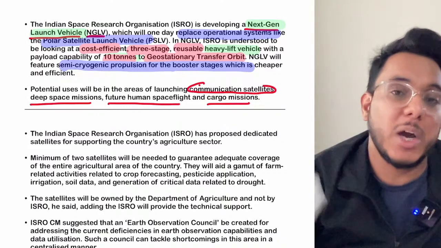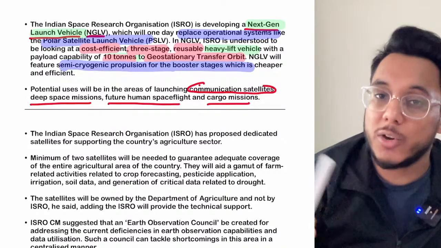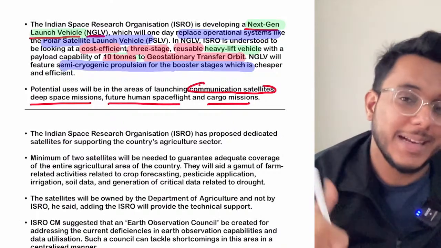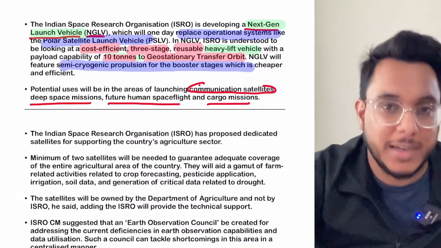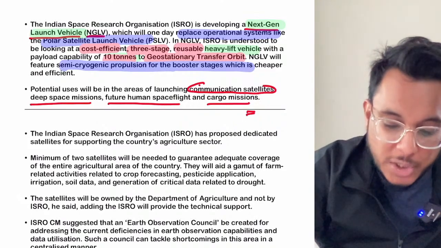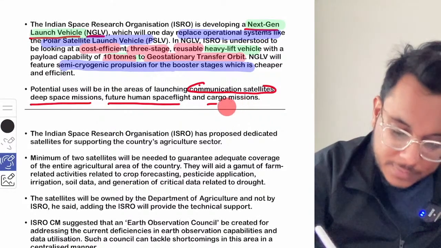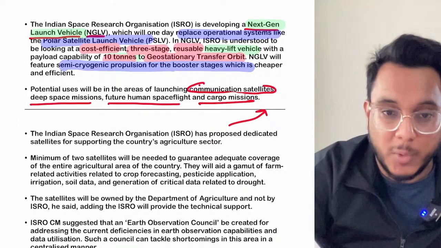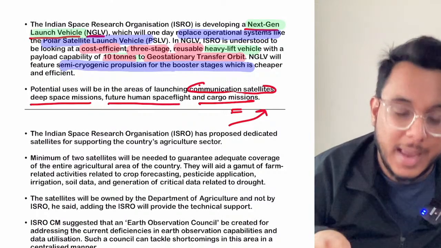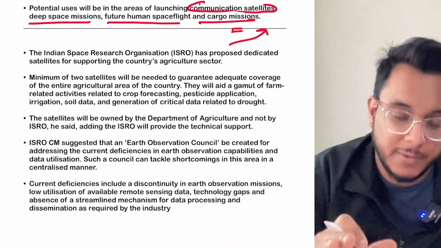Let's say India also develops in the future an international space station, or let's say there are permanent missions that are to be started on some planet, let's say Mars. So for the cargo missions also, some cargoes are to be provided to the international space station. So in those cargo missions it will be helpful.